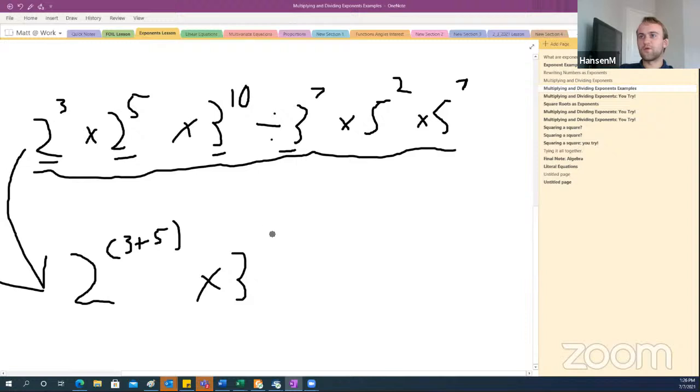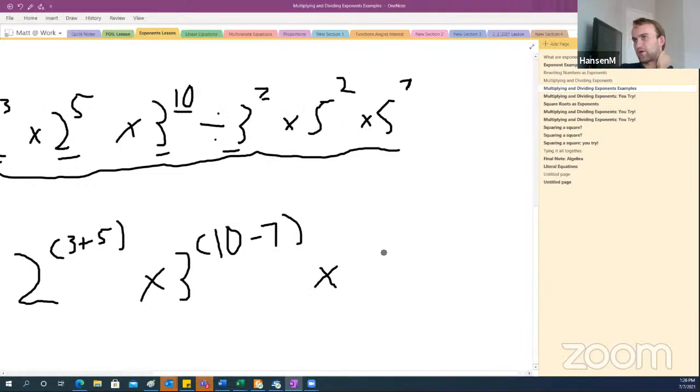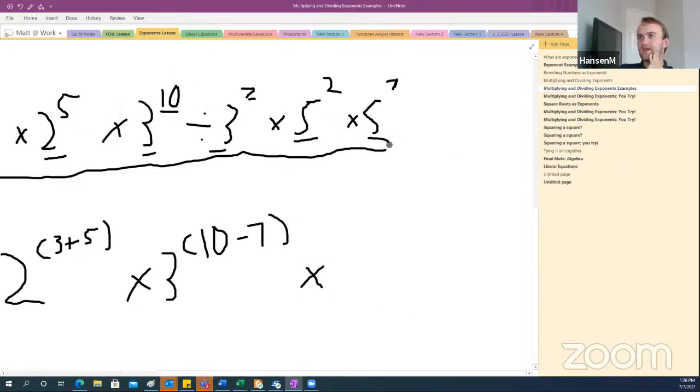Since these base terms are both 3, we can just subtract the powers from each other. So we would end up with 3 to the 10 minus 7. And then finally, we're going to multiply this by the same base number raised to different powers, so we can add those powers up. 5 to the 2 plus 7.